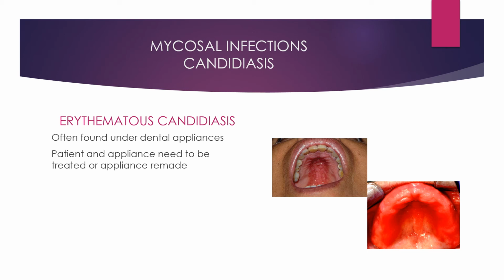The plastic with appliances is relatively porous and can pick up the candida and hold that candida in the resin, in the base of the denture or the base of the partial, and continue to reinfect the patient. If treating the patient and the appliance is not satisfactory, or the patient continues to have an infection, then it needs to be recommended to the patient that the appliance needs to be remade.